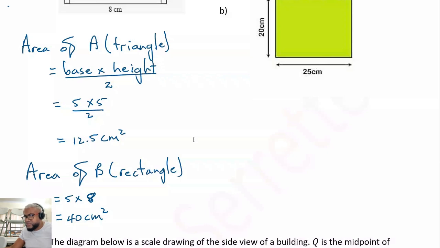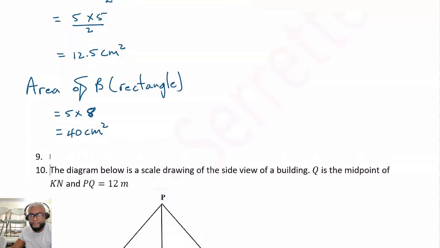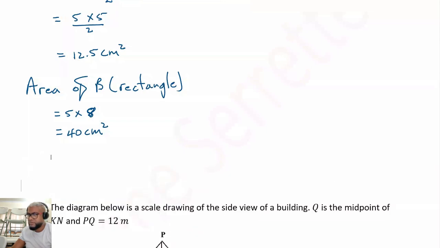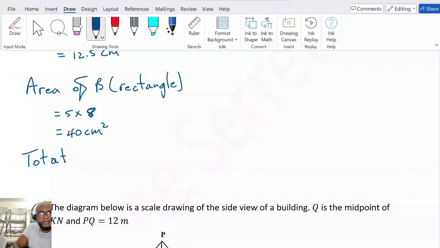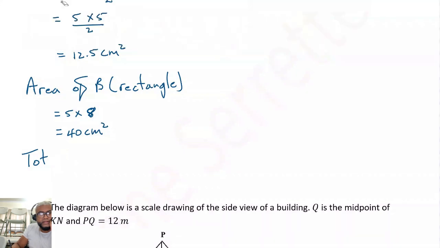Therefore, my total area will be what? I get 52.5 cm squared. 12.5 plus 40 is 52.5 cm squared.